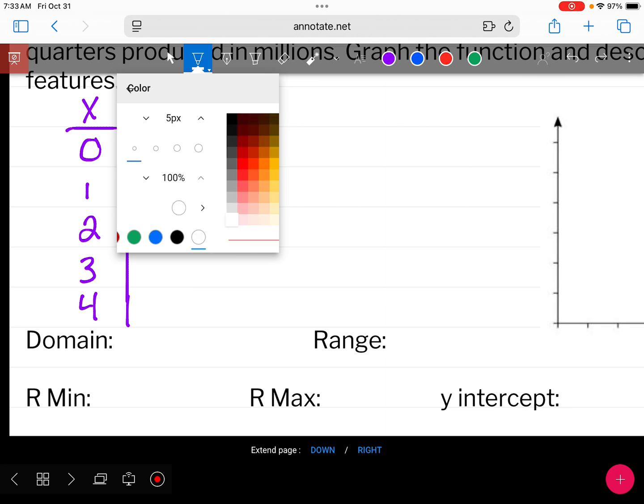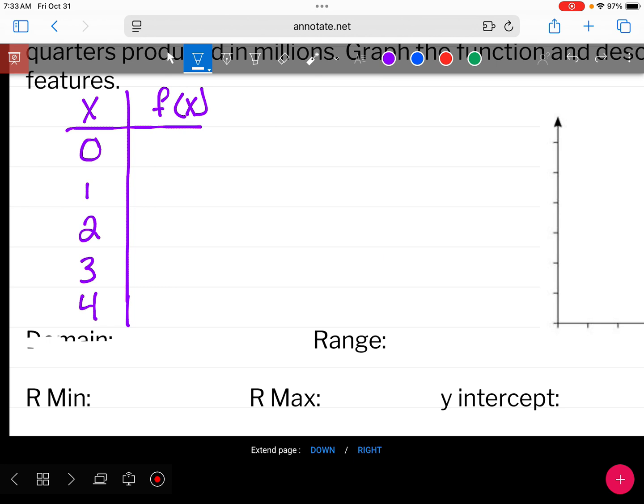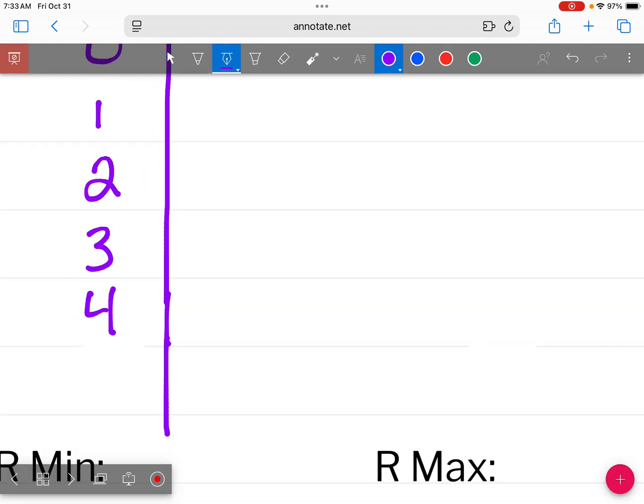I'll cover this up because I'd rather have that space to do another point. I'm going to include 7 and 10 in mine.